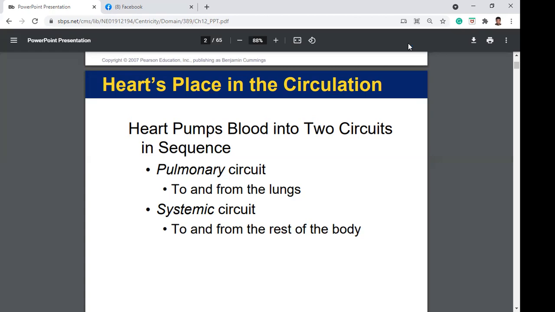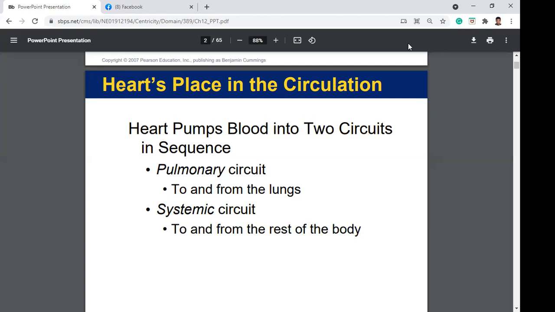So that is where the systemic circulation ends. Now, which of these two circuits is longer? The systemic circulation, because it goes to the other parts of the body, and the pulmonary only goes to the lungs. To the lungs. Okay, very good.